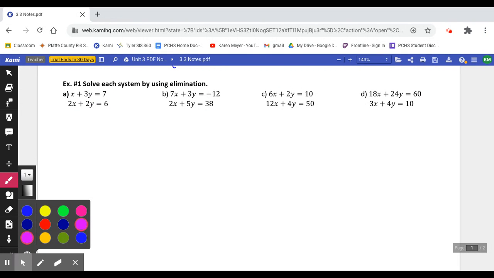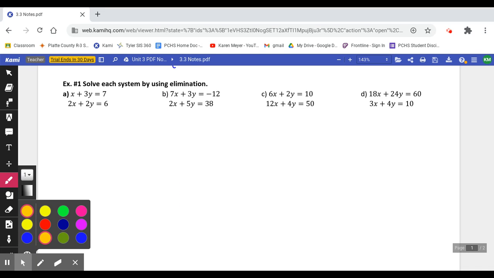On our first one, choose a letter. So let's say on this one, we choose the letter y. And in front of y right now, we have a 3y and a 2y. So what number will 3 and 2 both go into? And hopefully everybody says 3 and 2 will both go into 6. So I need one of the equations to have a positive 6y and the other one to have a negative 6y.